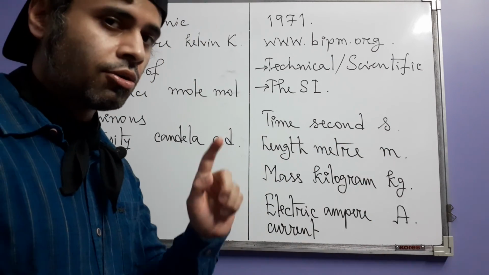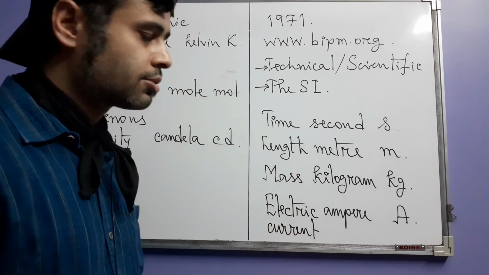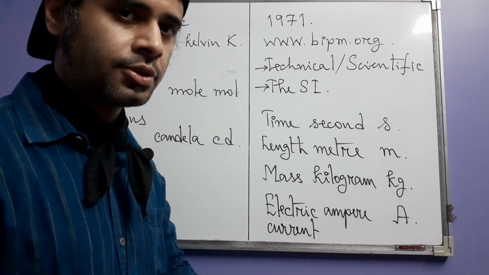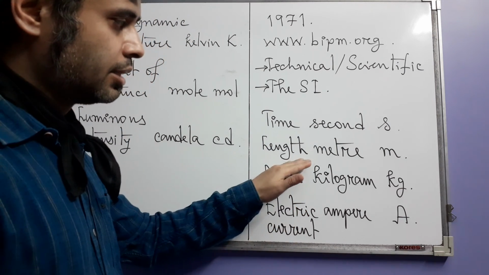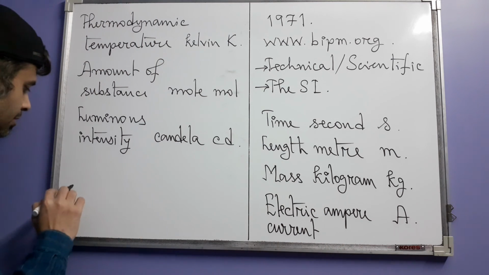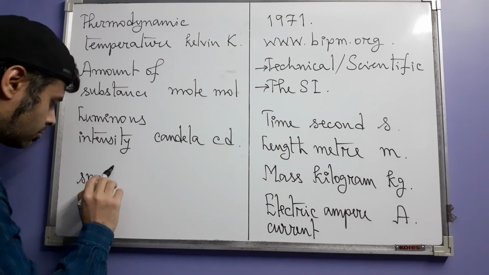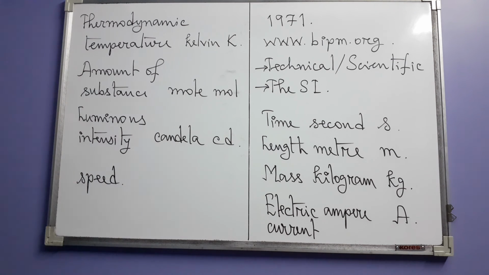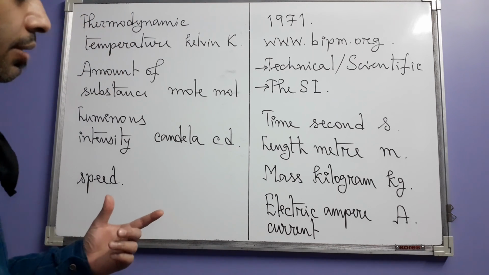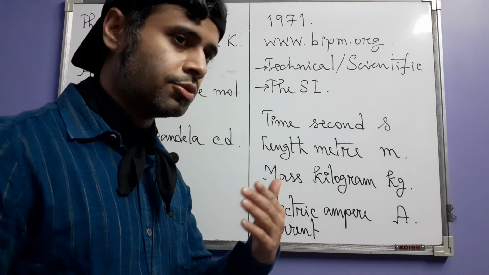symbols. All the other quantities can be derived from these quantities as some kind of combinations. Okay. When we get the other quantities, for example, you can consider the physical quantity speed. You know what speed is. Speed is the amount of distance covered by a moving object.